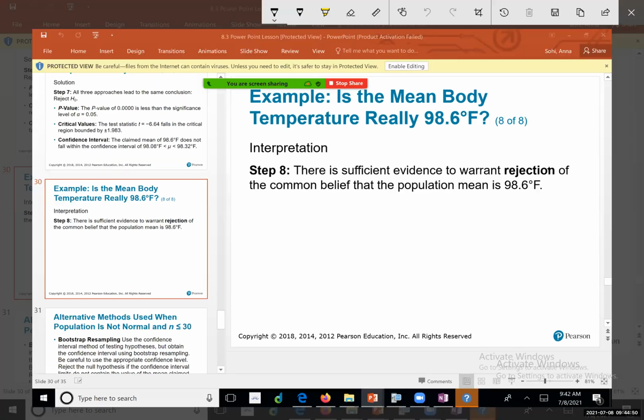Anytime you are dealing with inequality, as you saw on the table yesterday, we say we warrant rejection of whatever the claim is. If P is small, we say there is enough evidence to warrant rejection. Or if P is big, then we say there is not enough evidence, exactly like before.